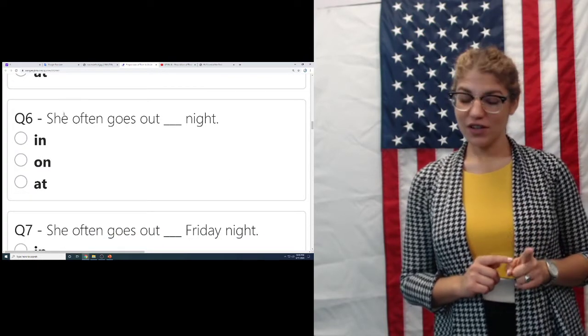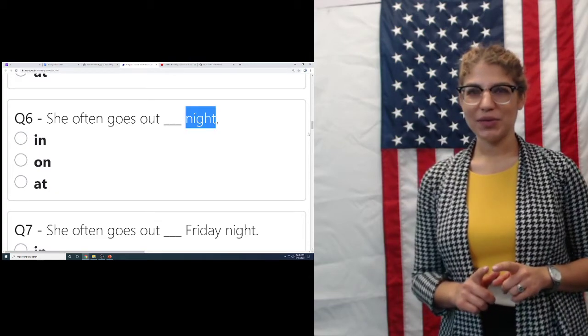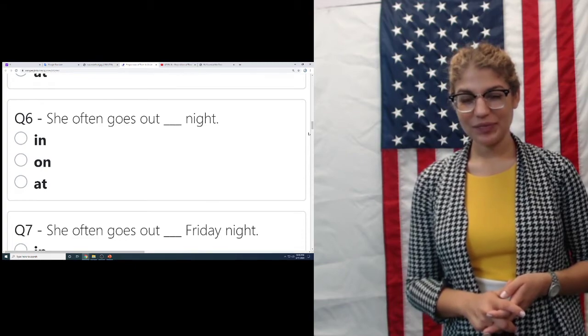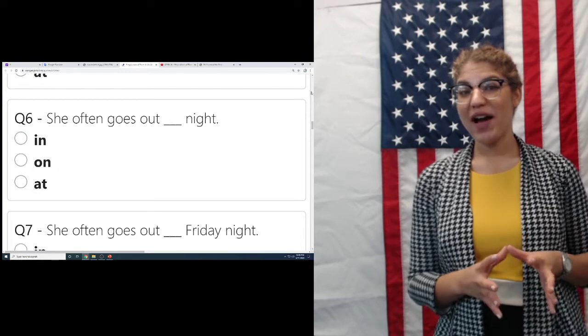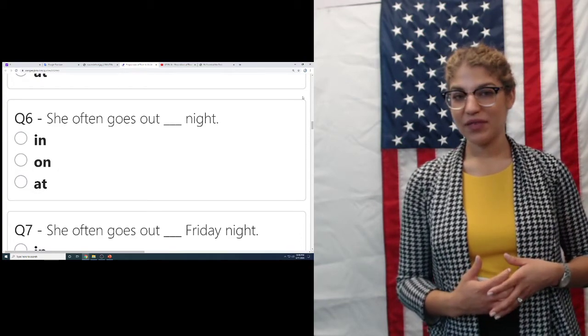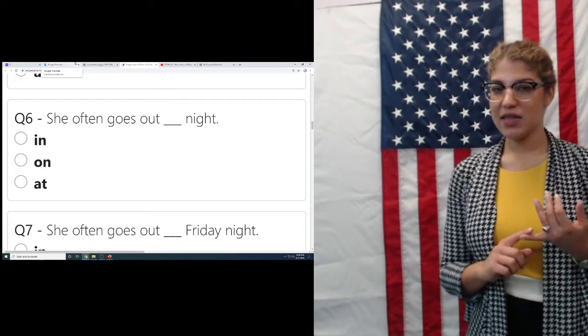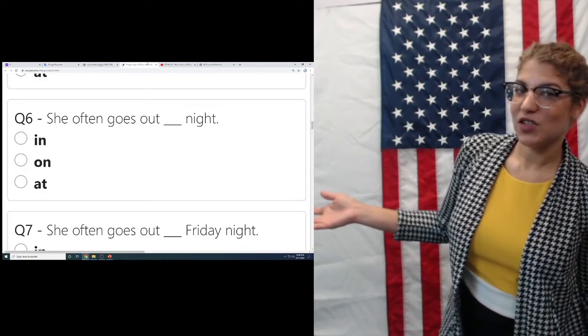She often goes out night. Ooh, this is a challenging one. You remember we talked about when you have a part of the day, una parte del día. We have two forms. One where we say in the morning, but when we have night, what do we use?